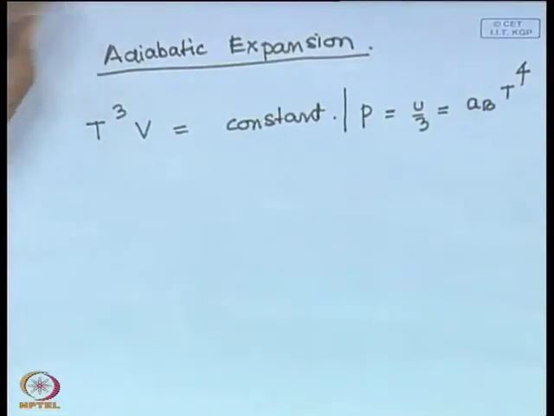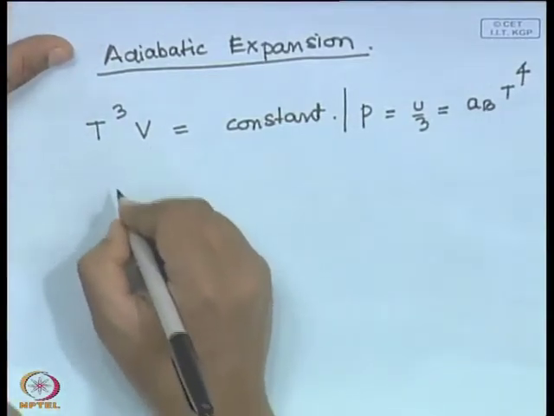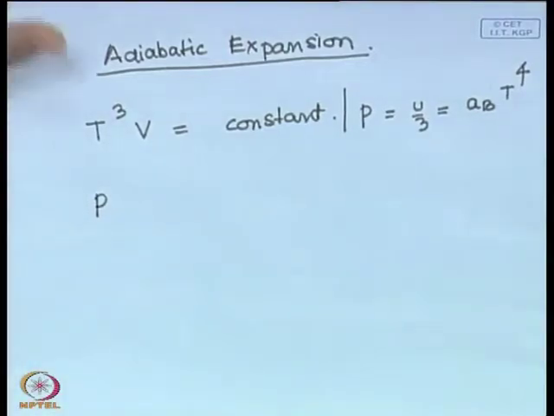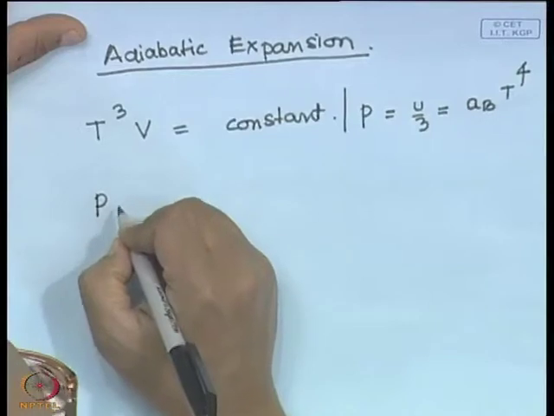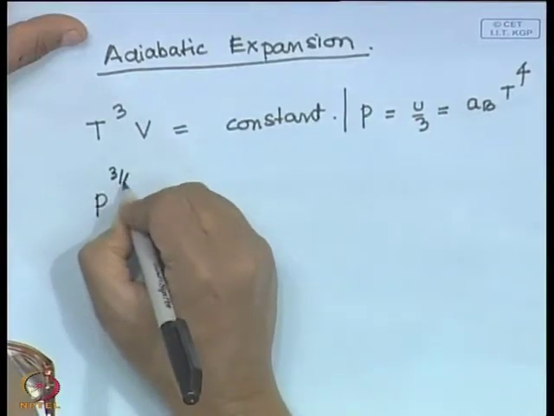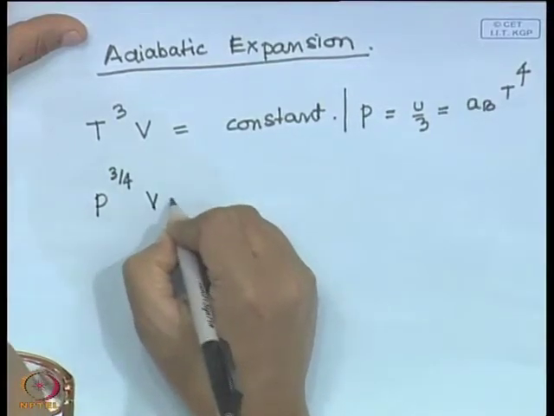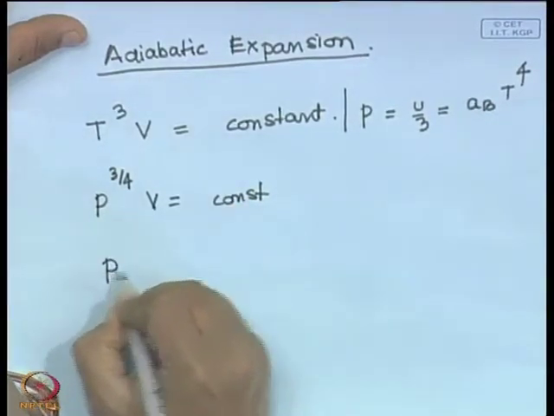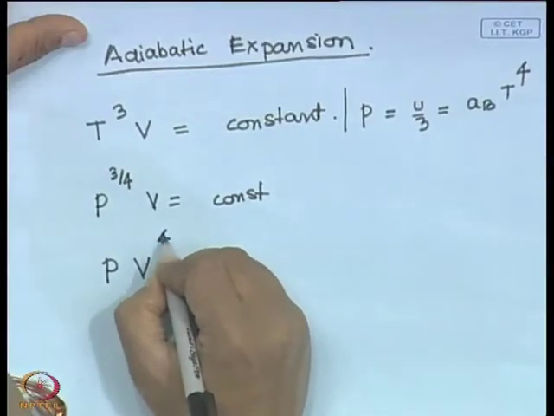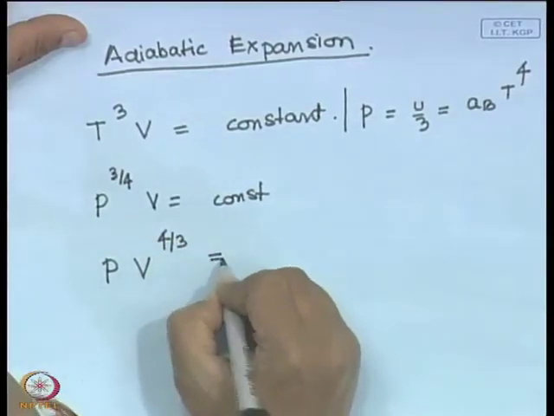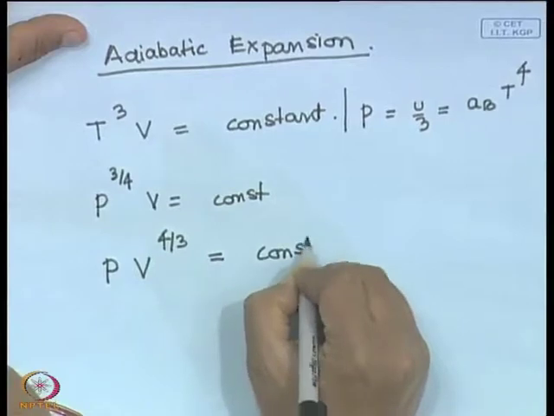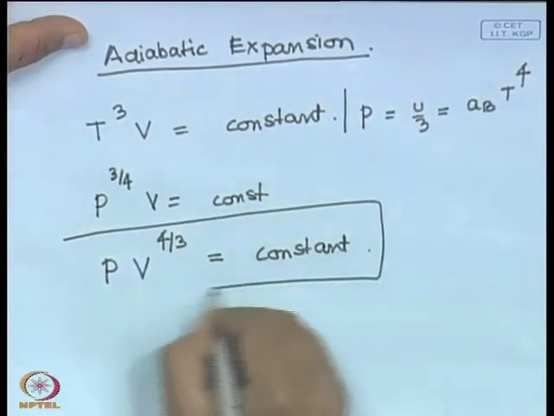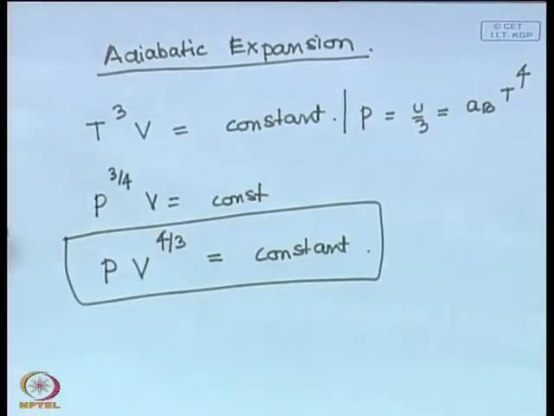So, we see that this relation can be written as P to the power 3/4 into volume is a constant, or P volume to the power 4/3 is a constant. Okay, this is very convenient.